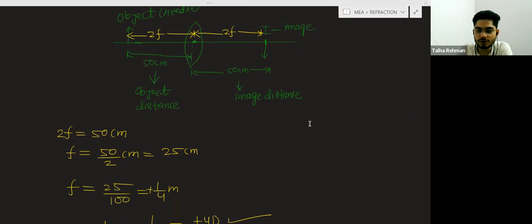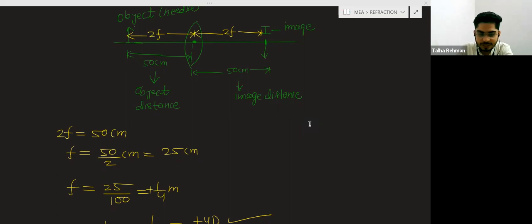Diagram is not necessary. If you do not make the diagram for answer writing, then also you will get full marks. But I make the diagram because I want you to understand things properly. From the diagram, each and everything is clear.